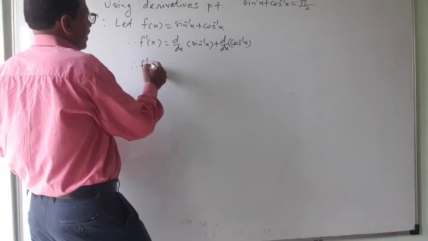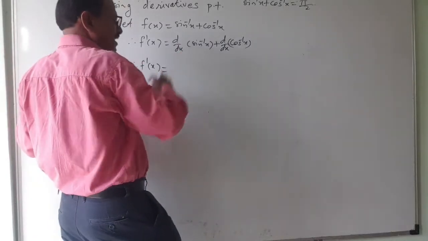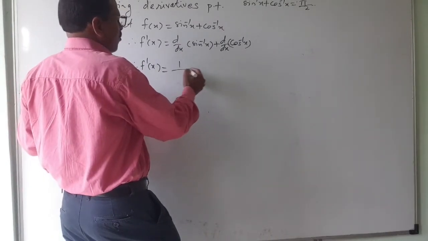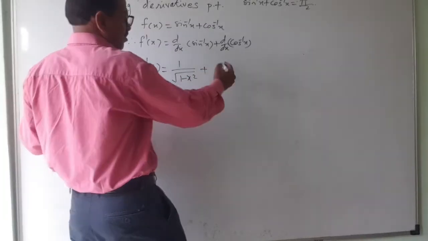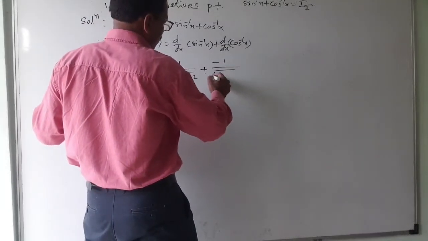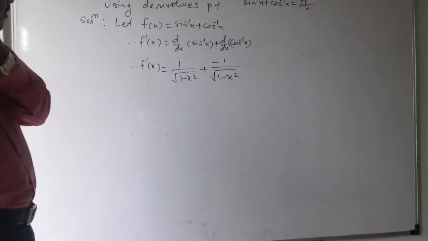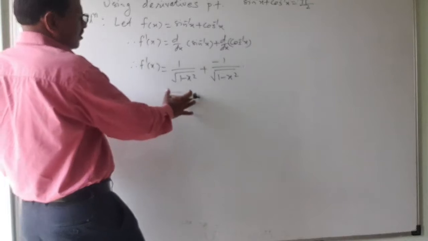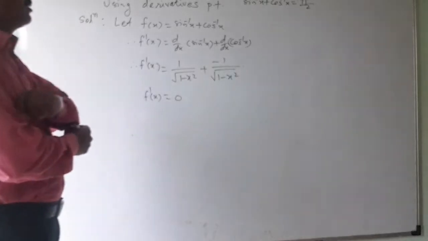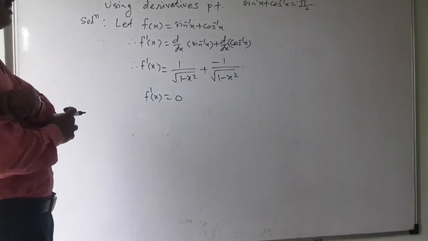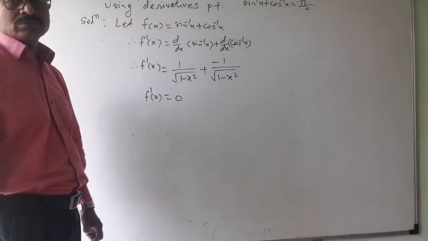Derivative of sin inverse x is 1 upon under root 1 minus x square plus derivative of cos inverse x is minus 1 upon under root 1 minus x square. In the earlier video, I have given all the formulas for derivatives, so remember this. And that is equal to 0. So the derivative has come 0. But it is not pi by 2, we can't stop here.